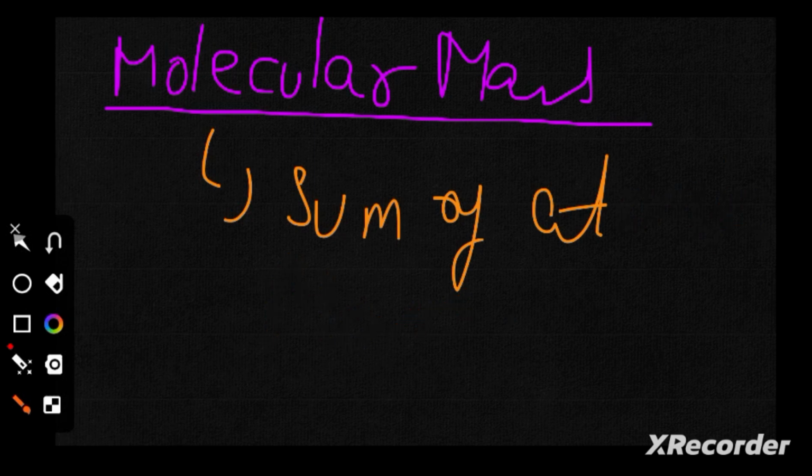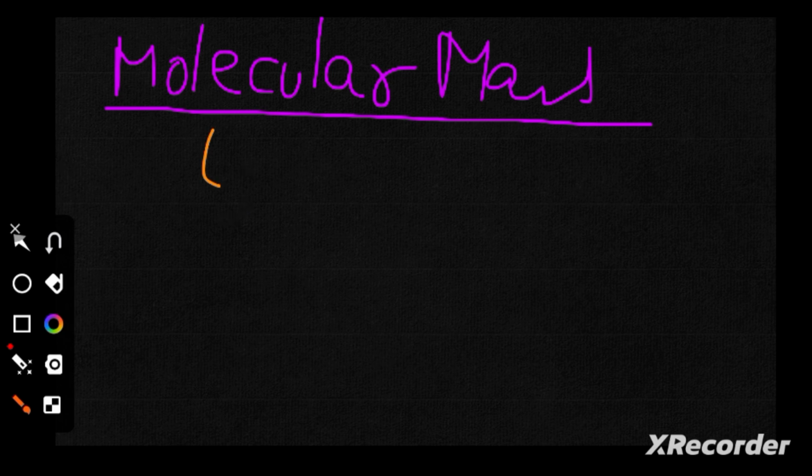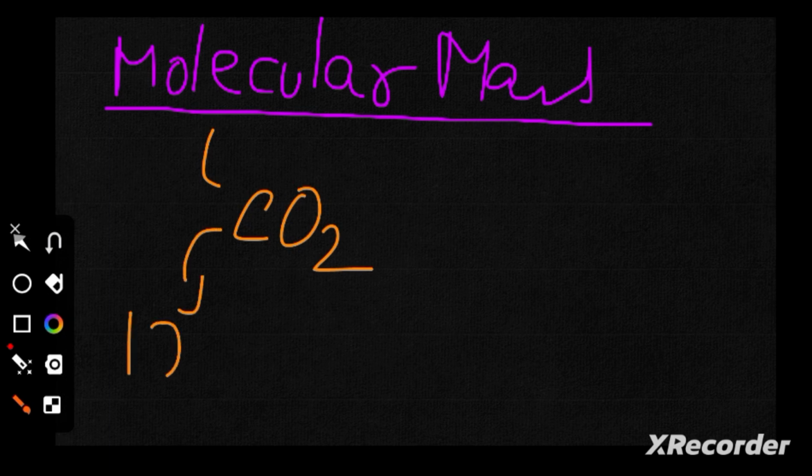Let's take an example. For example, I have to find the molecular mass of carbon dioxide. How am I gonna do it? Here there is only one atom of carbon. It has a mass of 12 U, so it's gonna be 12 into 1, plus the next element I have is oxygen. One atom of oxygen has an atomic mass of 16 U, right?